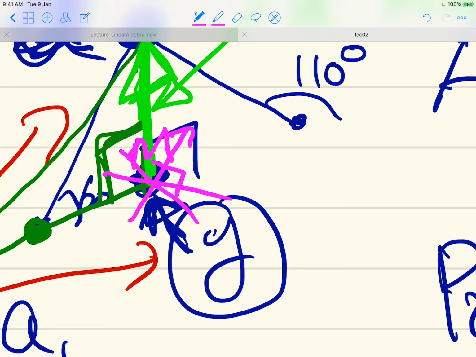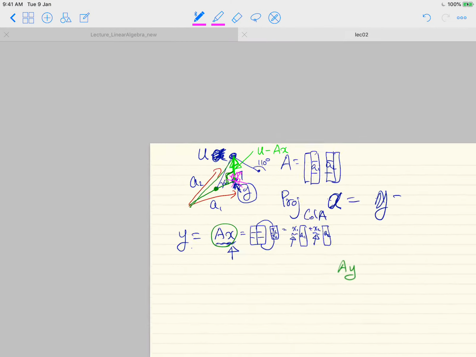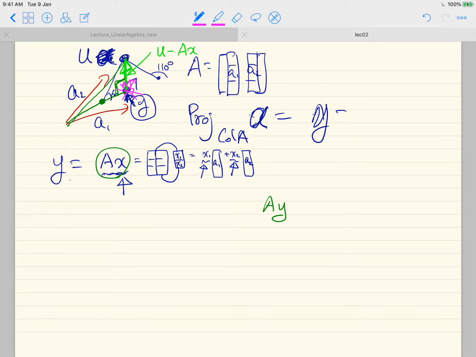That's it, okay? Because all the pink lines will be represented as a linear combination of A1 and A2, right? So if we can guarantee that this bright green line is orthogonal to A1 and also A2, then any possible linear combination of A1 and A2 will always be orthogonal to this bright green line. So that's the overall story of this linear least squares.